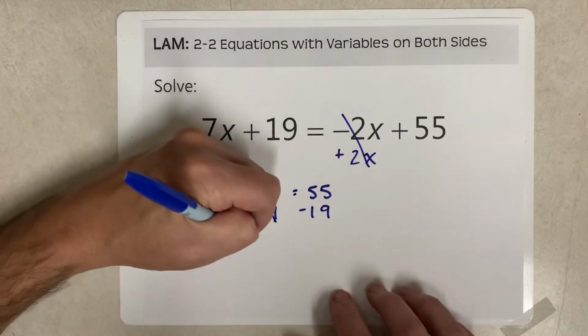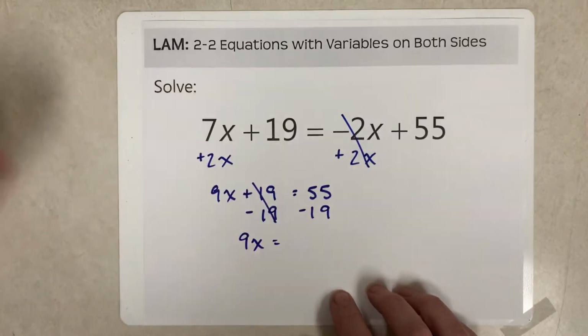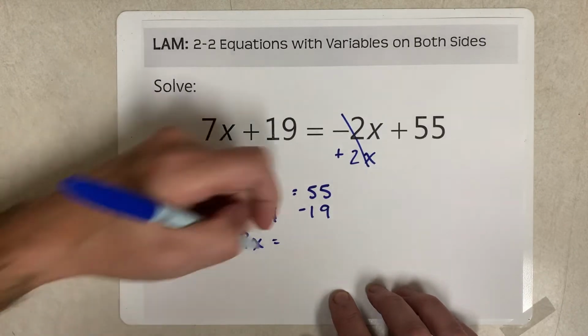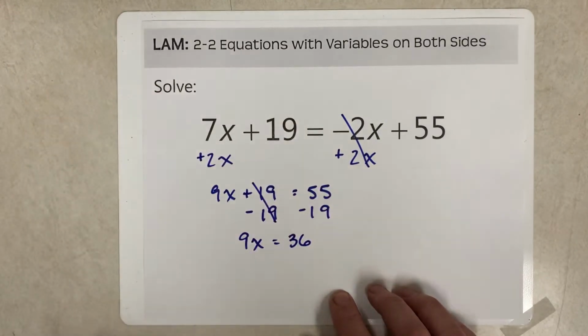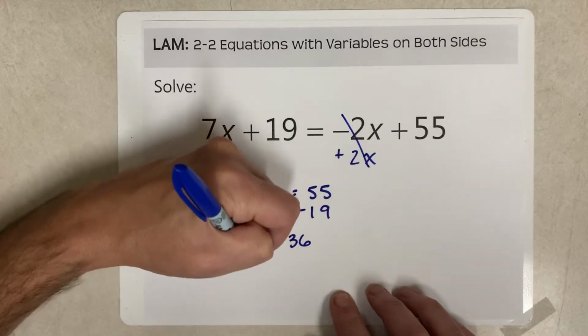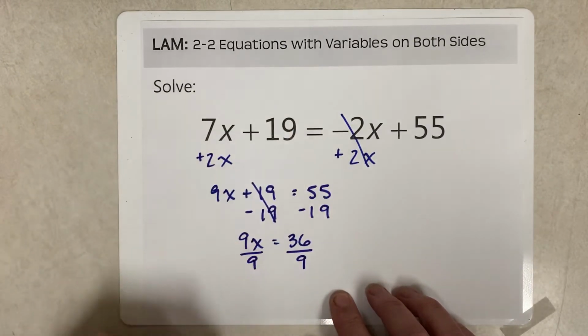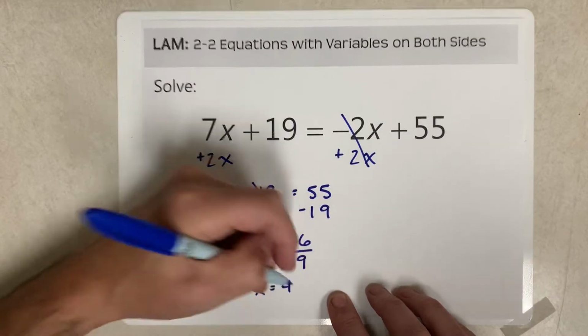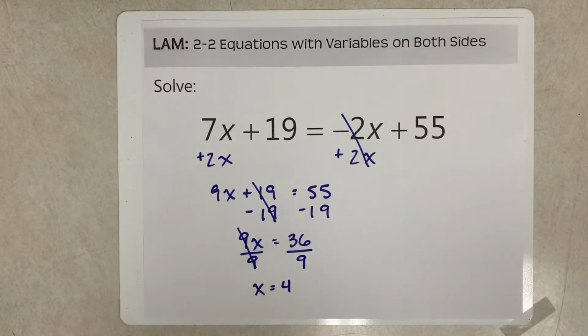Okay, so I'm going to bring down my 9x. Equals, now I need 55 minus 19, so that's going to be 36. Divide by 9. Cancel, and x is equal to 4 for that one.